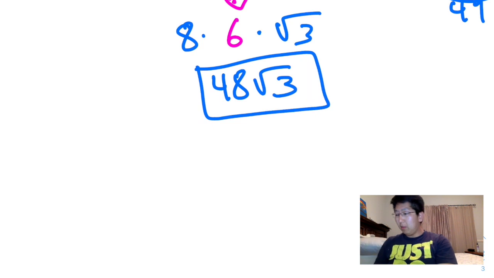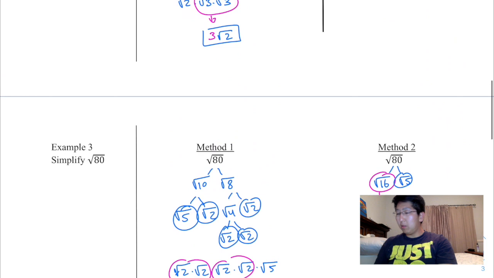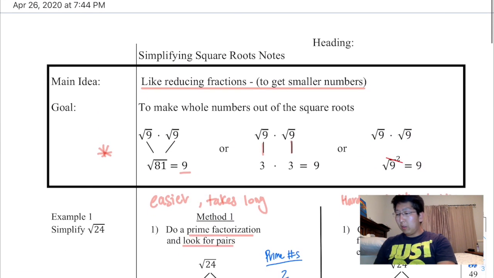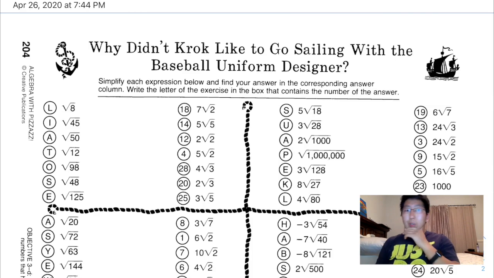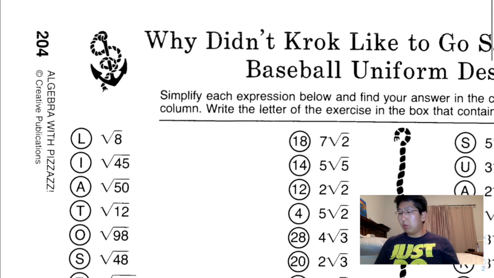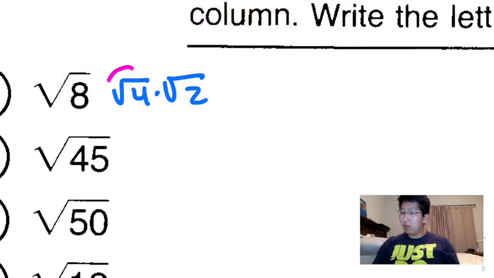Okay, so here we have our examples, simplifying square roots. You can go check out your homework now. I'm going to just go over this first one. So square root of 8, I can break that up. Square root of 4 times the square root of 2. And I know that right here, this is a perfect square.